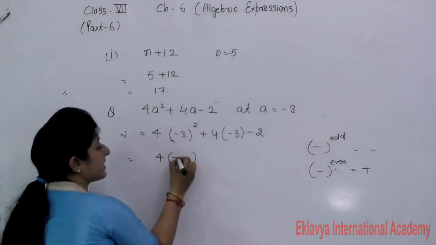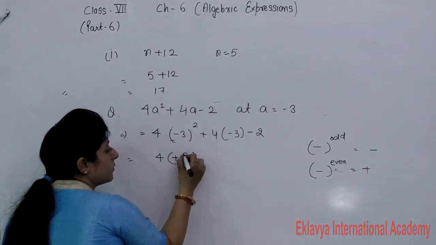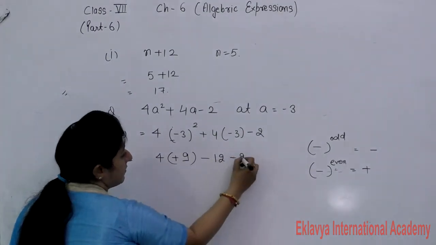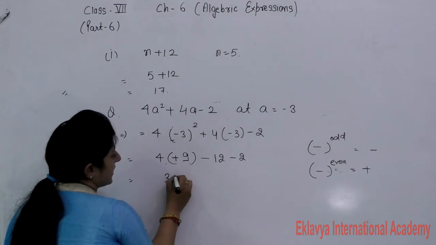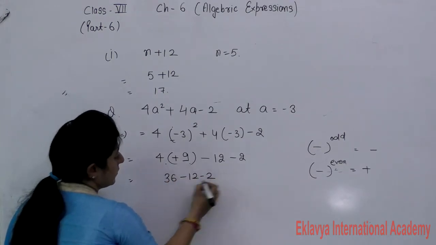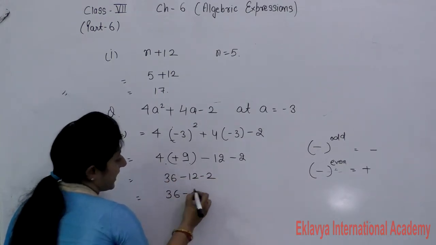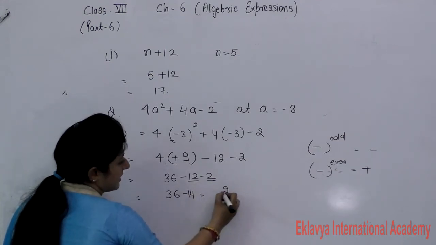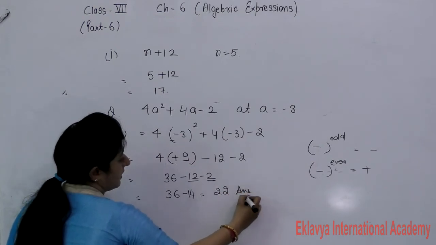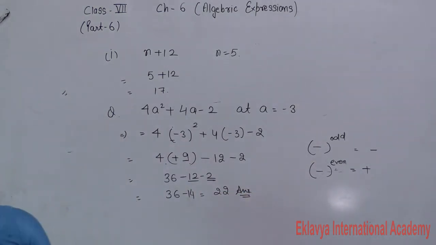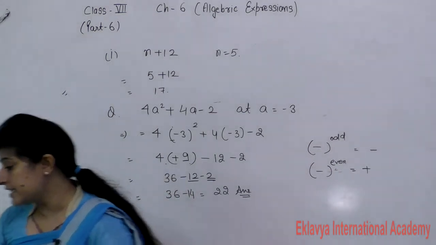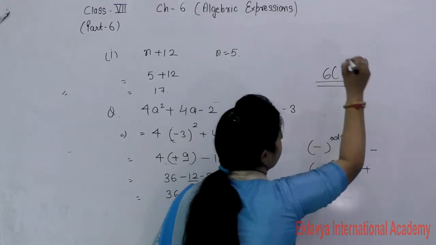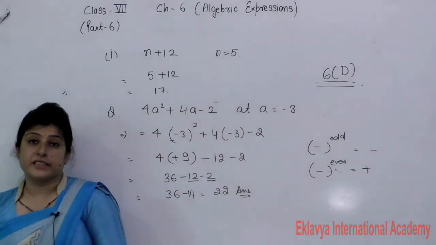So here we get a positive result, then 3 power 2 is 9, plus minus minus 4 3s are 12, 9 4s are 36 minus 12 into 2. 36 minus 12 minus 2 means minus 14, then this answer is 22. This way we will solve our answers. So your exercise 6D is now complete. You will solve in your fair notebook with examples. Thank you.